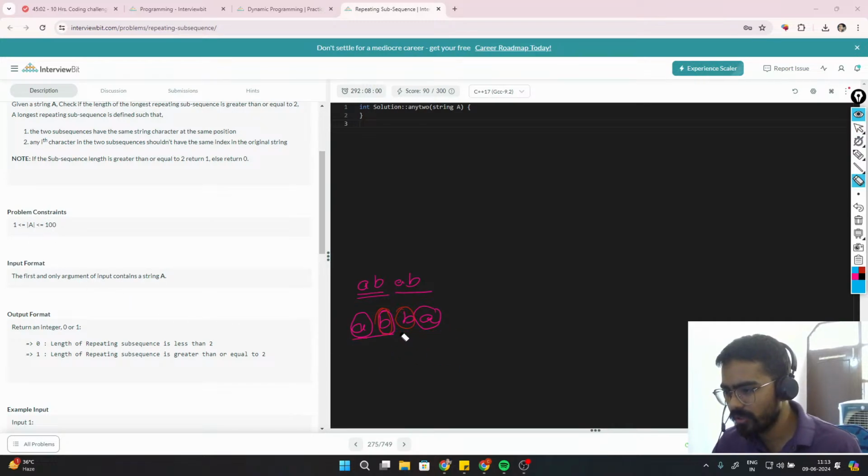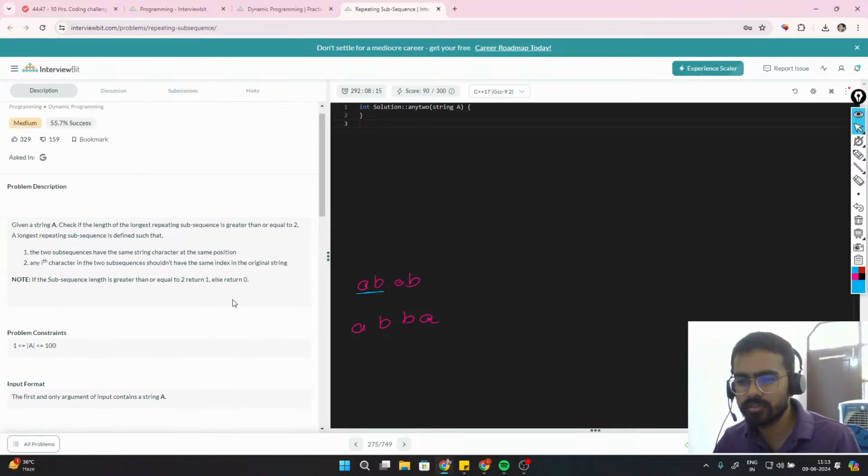So how can we think of approaching this question? What can be the brute force of this? If the subsequence length is greater than or equal to 2.